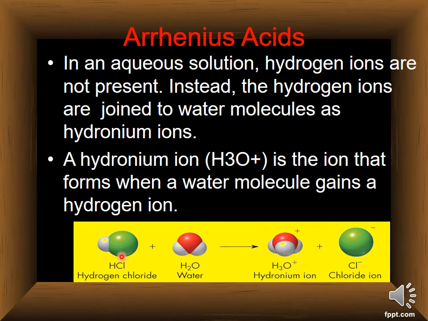And what is left? Chloride ion, which you can find in the aqueous solution. After donating the H+ ion to the water, it becomes hydronium ion, and because of this reason there are no free hydrogen ions present in the aqueous solution of acid.